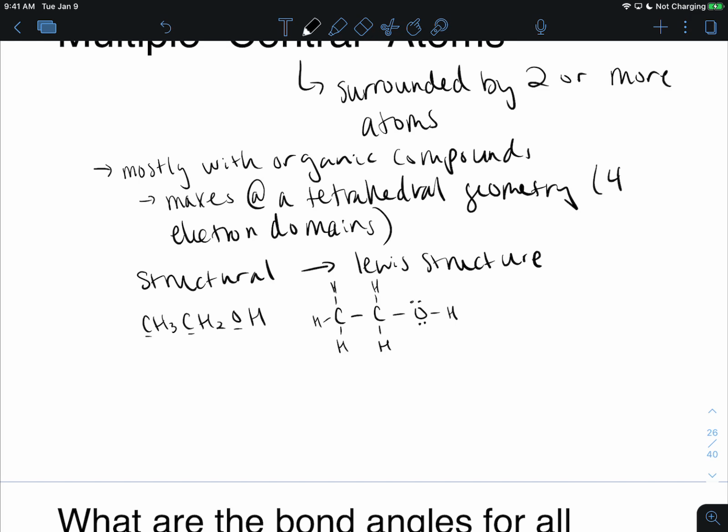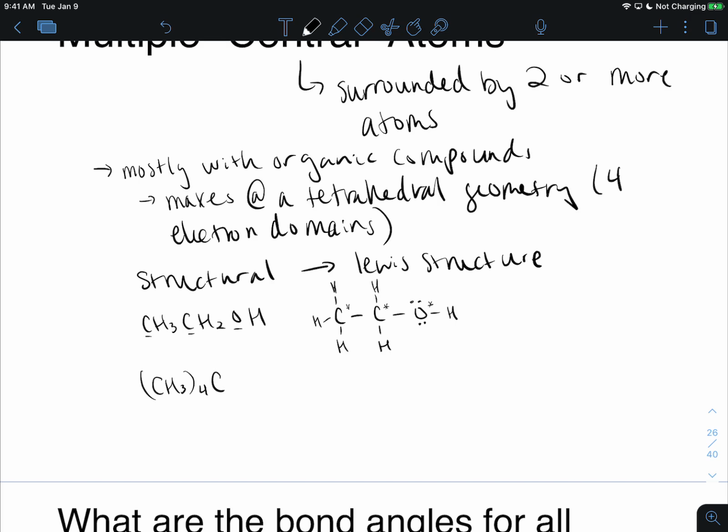So we have 3 central atoms in this case. Each of them have tetrahedral electron domain geometries, but our 2 carbons have tetrahedral molecular geometries, while our oxygen has a bent molecular geometry. Okay, you can also see something like this, where you have C(CH3)4.